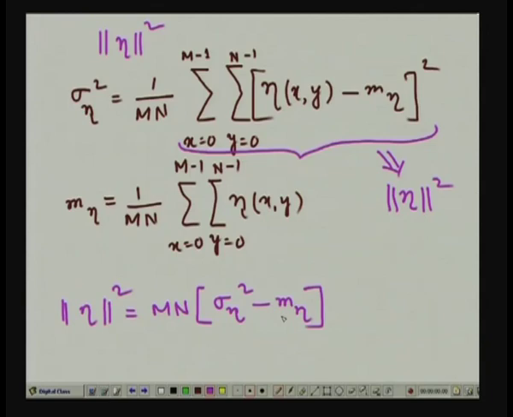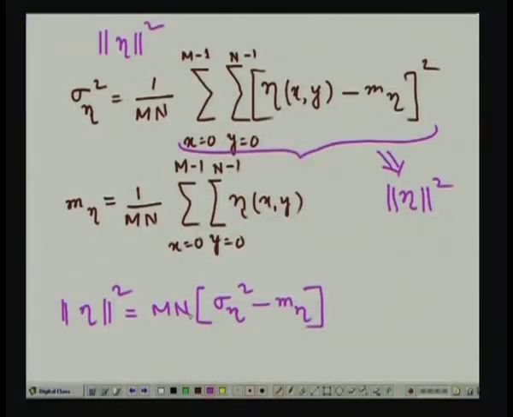And as in the constant that we have specified, it is the eta square which is used in the constant term, and which is only dependent upon sigma eta and m eta. So, this clearly says that this optimum reconstruction is possible if I have the information of the noise standard deviation or the noise variance and the noise mean.